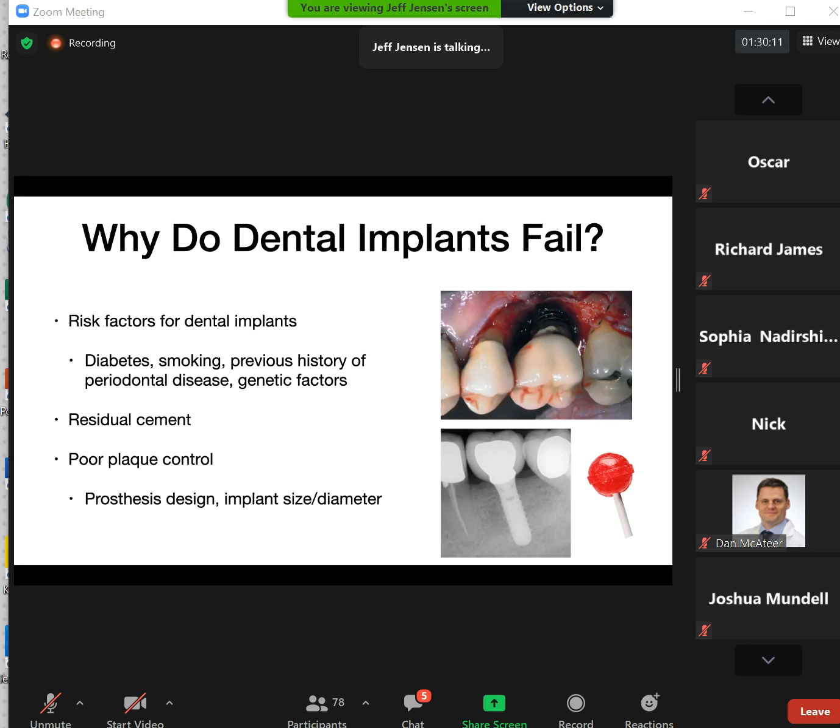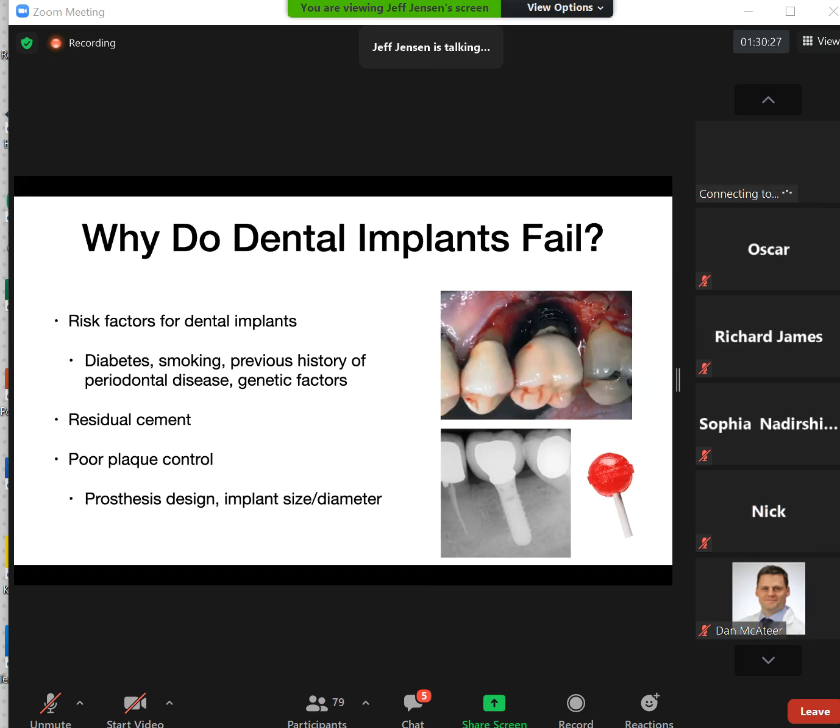You can see that in the picture on the upper right. When we're cementing our crowns, we have to be very careful that we don't put too much cement and that we clean it well. It's hard sometimes to see on a radiograph, because if that cement's right on a buccal or lingual area, it may not show because it gets drowned out by the implant itself.